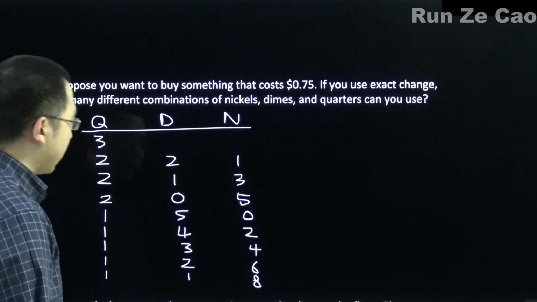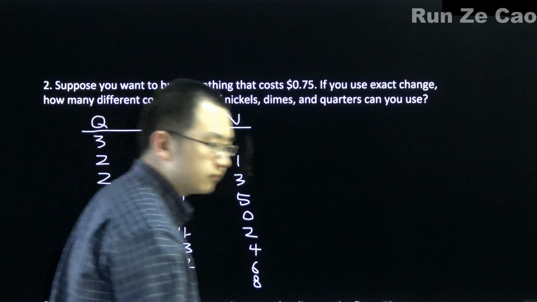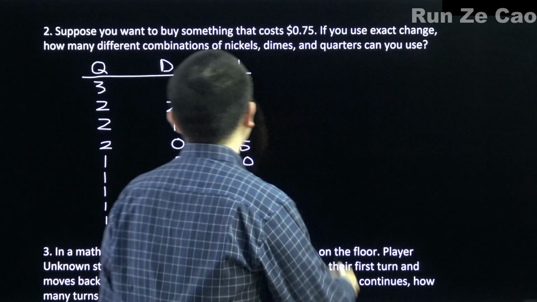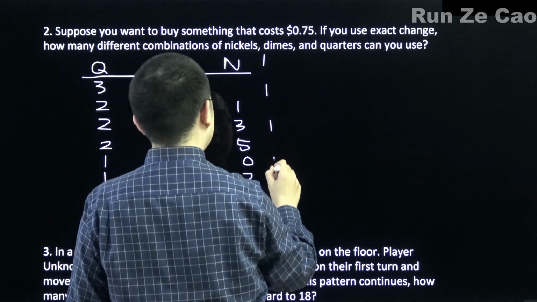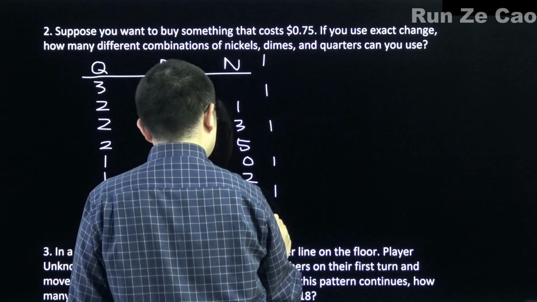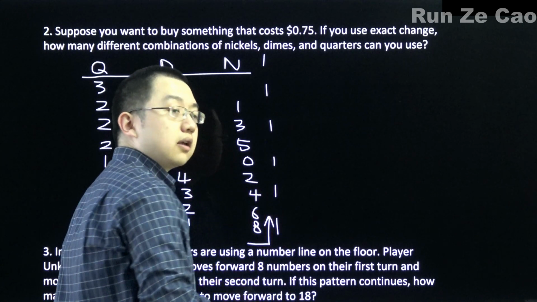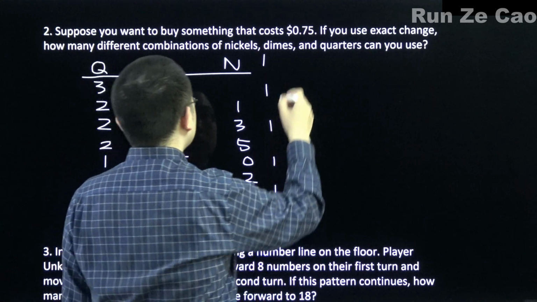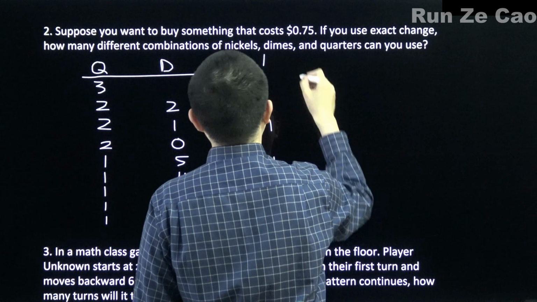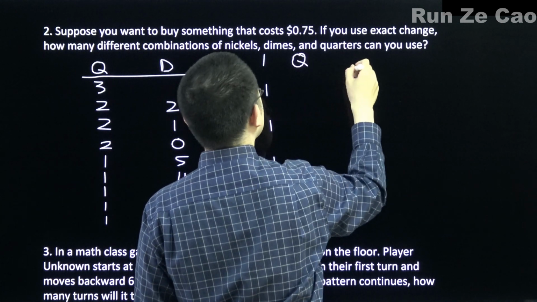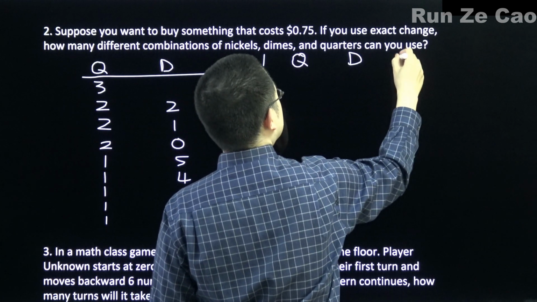And what do you do when you run out of space on a table? Well, here's what I generally do. I start a new column and put an arrow that says go up. So Q, D, N.